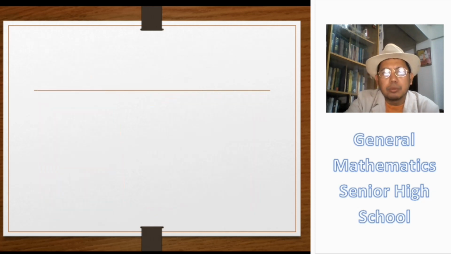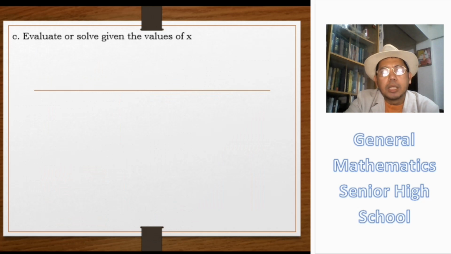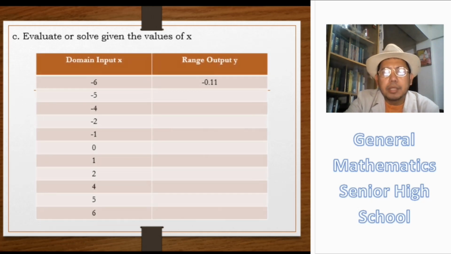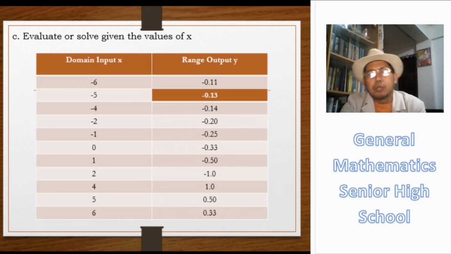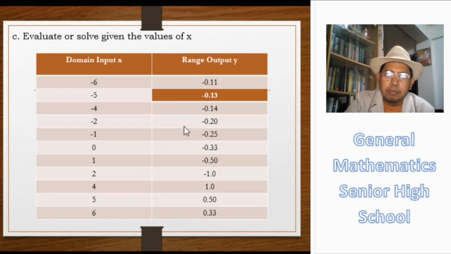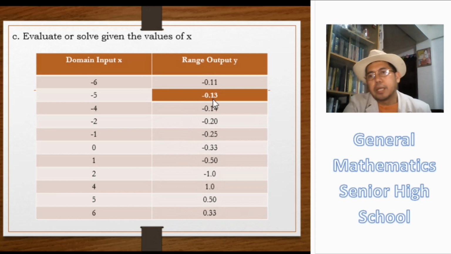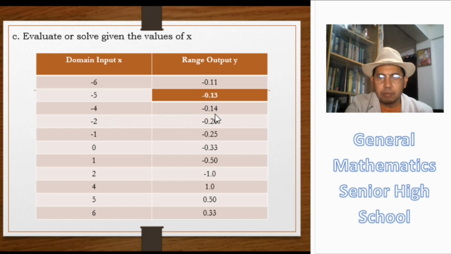Let's continue. Now I have in here the table. You will notice that if I have negative 5, the value of my y would be negative 0.13. If I have negative 4, the value of my y would be negative 14. If I have negative 2, the value of my y or f of x would be negative 20.